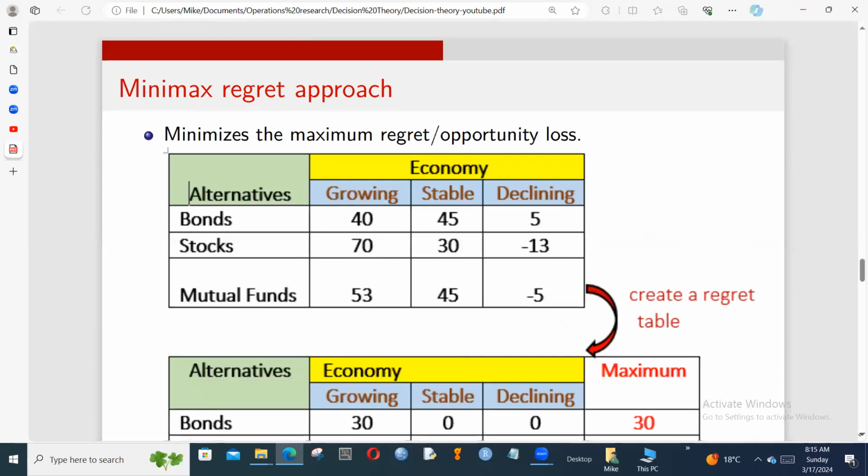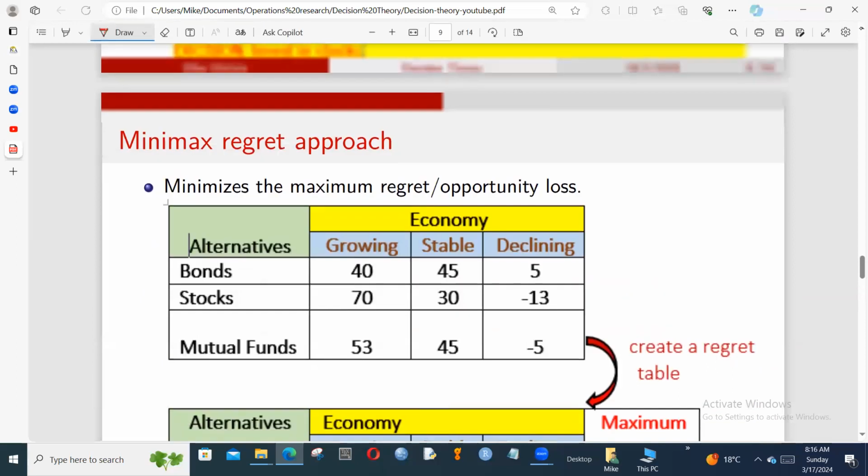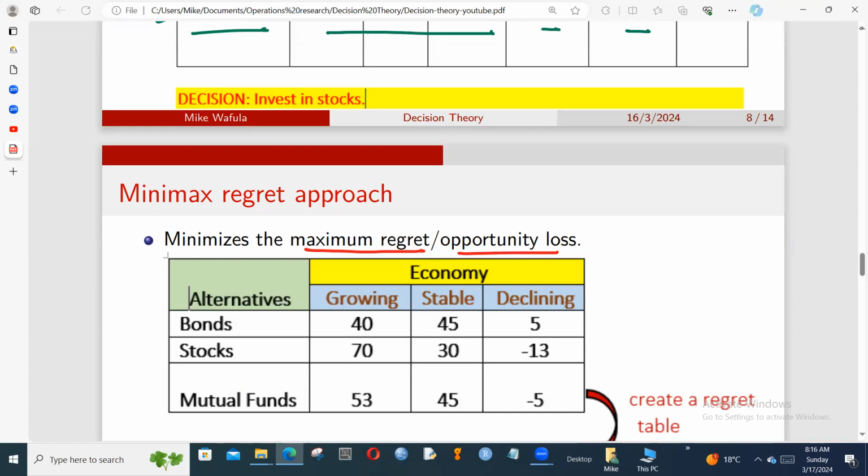Then the Minimax regret approach. Now the Minimax regret approach actually minimizes the maximum regret. And the regret here, we also talk of as opportunity loss. And so what we need first is to construct a regret table. And how do we construct a regret table? We look at each state individually.